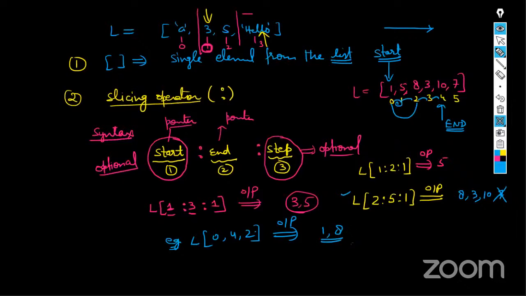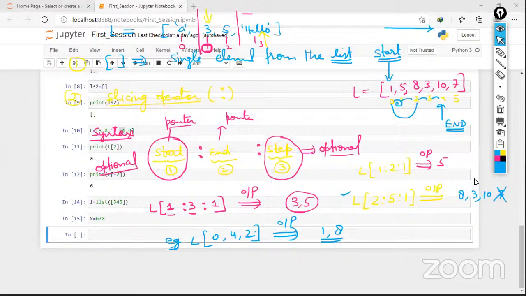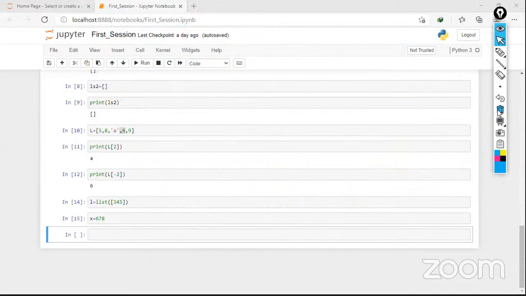Guys, in order to understand all those things better, let's move to the Jupyter notebook. I will take you to the Jupyter notebook and things will be clear. So let's say I'm going to create a list with, let's say, 7 or 8 elements.